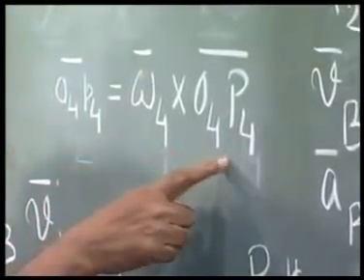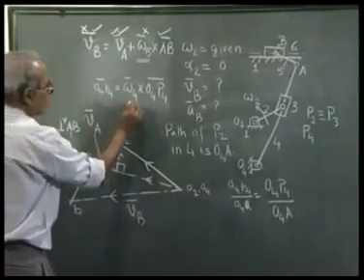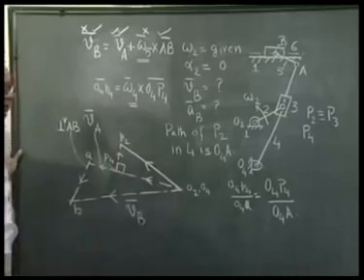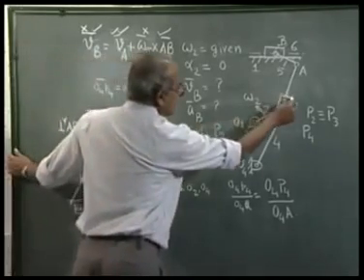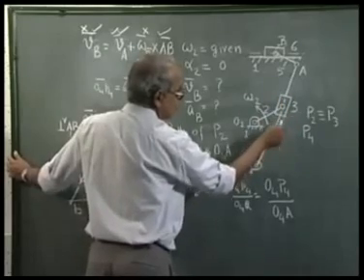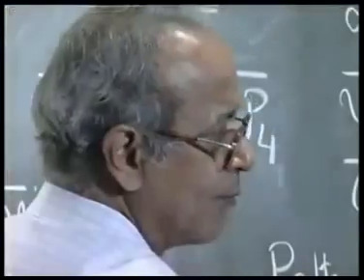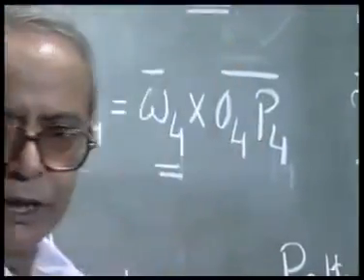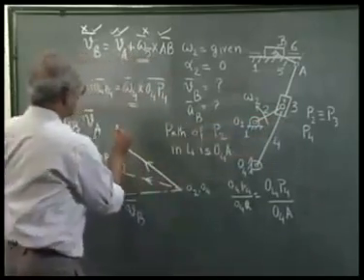Because I know O4 P4 this distance and I know this velocity, I can also determine the angular velocity omega 4. Omega 3 is same as omega 4 because there is only a prismatic pair between 3 and 4, so they must have same amount of rotation. There can be only relative translation. So omega 3 is same as omega 4.